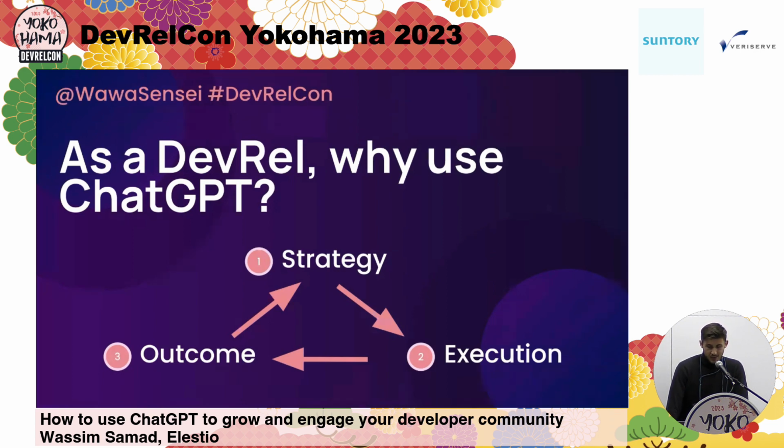Then you execute that strategy, and when you have executed it, you get the outcome: metrics based on the KPIs from your company. The good point is that ChatGPT can help you on all of those milestones, even if in my opinion its best is currently on the execution part.